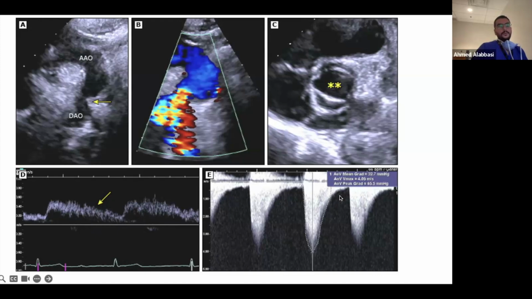And then we see here a continuous wave Doppler demonstrating quite a large gradient or severe obstruction at the site of coarctation. Your peak systolic gradient is 65 and a mean of around 32 here. So you do see some persistent forward flow occurring during diastole as well, consistent with your persistent pressure gradients across this coarctation.